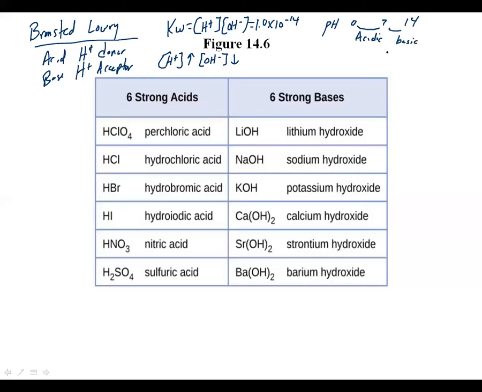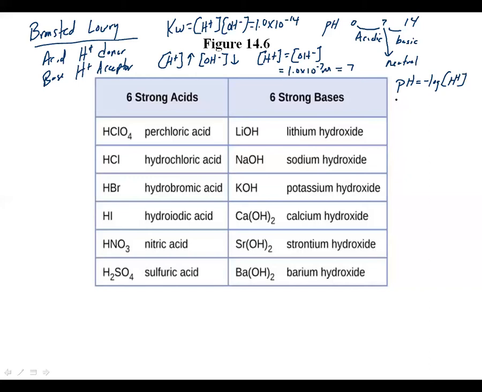Right on 7 is neutral, because at that point where these two equal each other under normal conditions, they both equal 1 times 10 to the minus 7, which if you put into our pH equation would technically give you a pH of 7, which is what neutral would be. So this is how we calculate the pH.